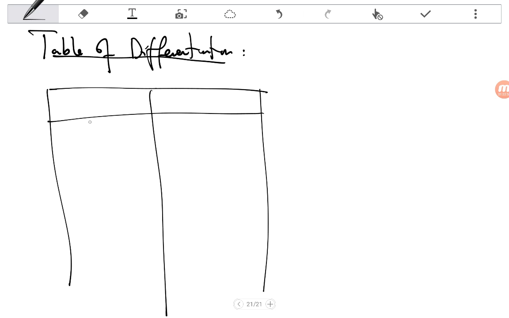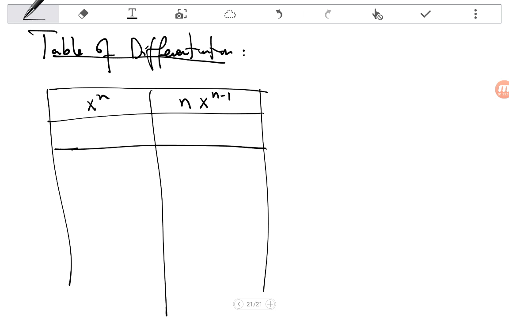If I have some function, for example x to the power n, do you remember how to differentiate it? I just take the n down and make it x to the power n minus 1.